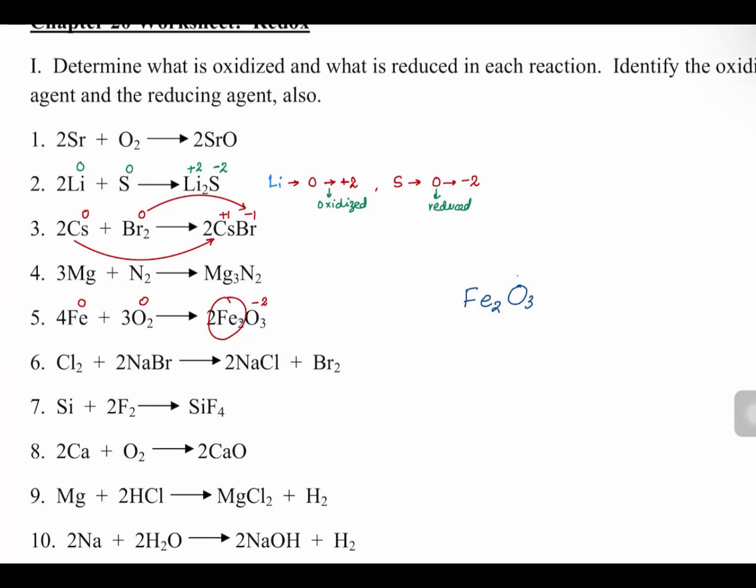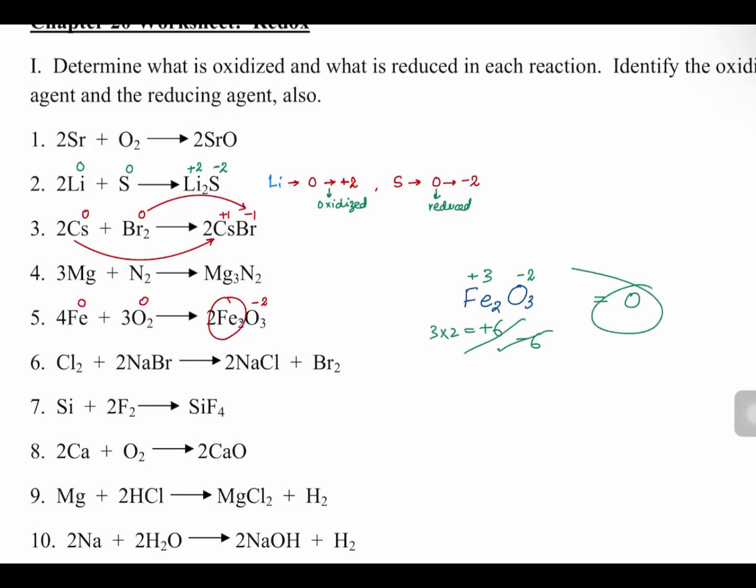Since we know the charge for oxygen is -2 over here, and you have 3 oxygens, this is -6. Overall charge is 0. So to make it 0, what am I supposed to write over here? You will say, sir, it would be +3. Why? Because 3 into 2 would be +6, and +6 minus 6 would be equal to 0.